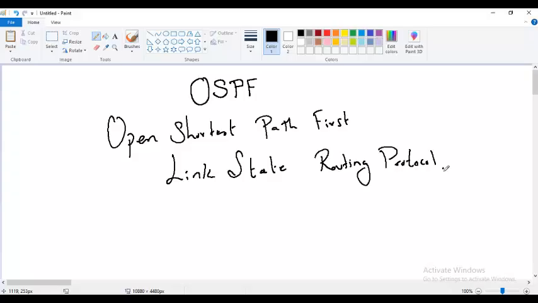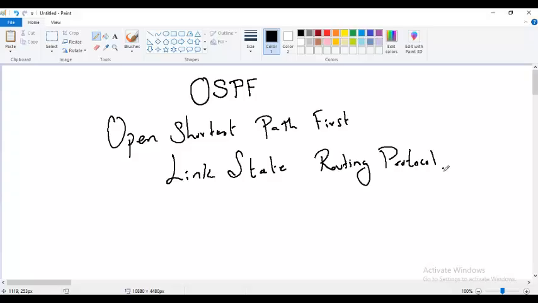advertised. By gathering all the advertised link state information from various routers, this router can build the complete topology in its database. Every router builds a complete database of the topology.